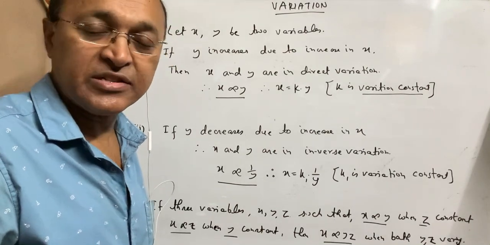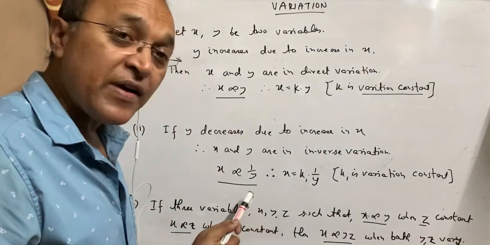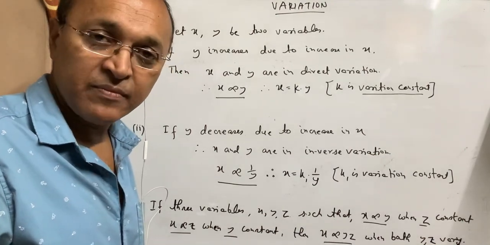This is called joint variation. Here three factors are involved: x, y, z.